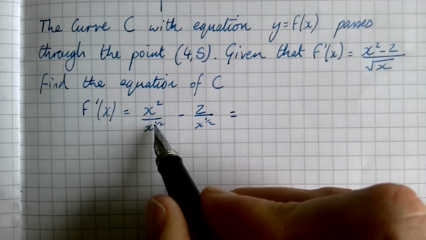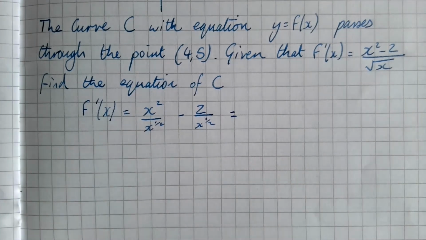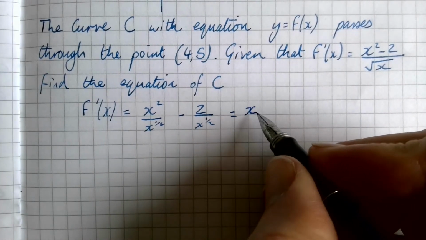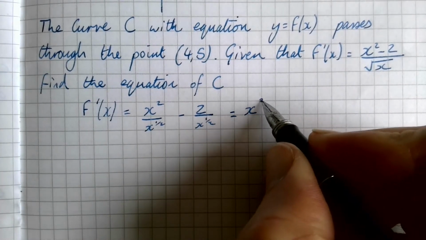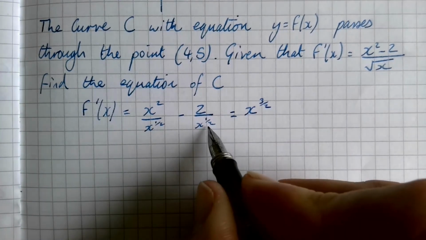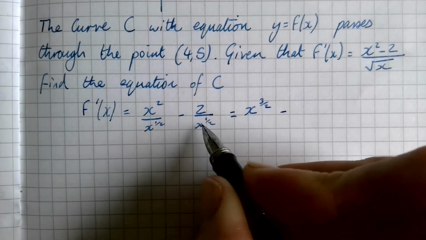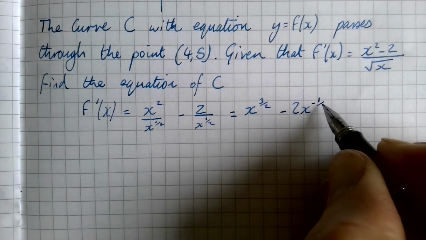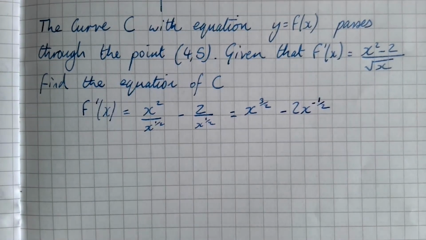So x squared divided by x to the power half, you take the powers, don't you? That's going to leave you with 1½, which is 3 over 2. And here you just keep the same power, but it becomes negative. So that's what we have, and that's what we need to integrate.